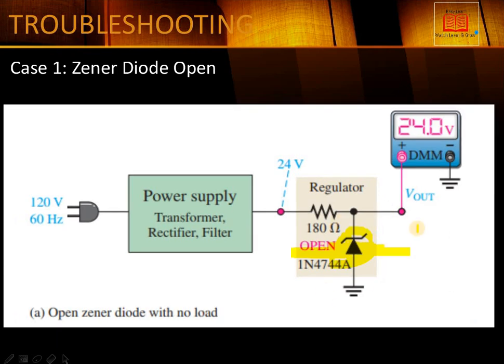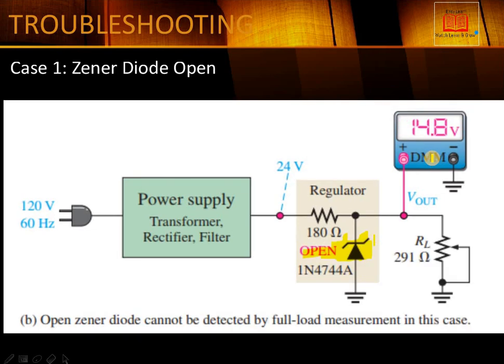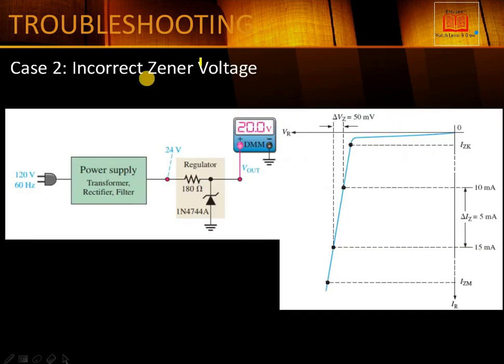If you disconnect the load, it will show like this, 24.0 volts. So replace this Zener diode. In this case, this is an incorrect Zener voltage. Sometimes when you connect the Zener diode here and check, it shows 20.0 volts, but if it is a Zener diode of 15 volts, then it may show 15 or 15.1. It means there is a little bit higher voltage. It means the internal resistance, meaning the impedance of the Zener diode, should be higher.